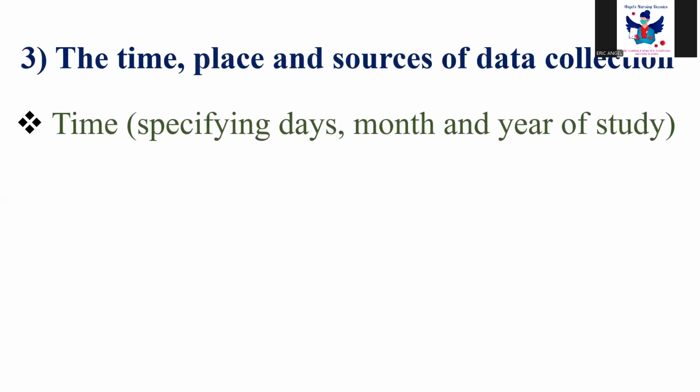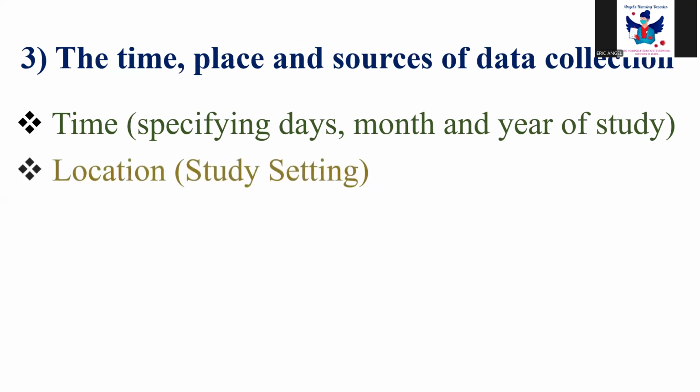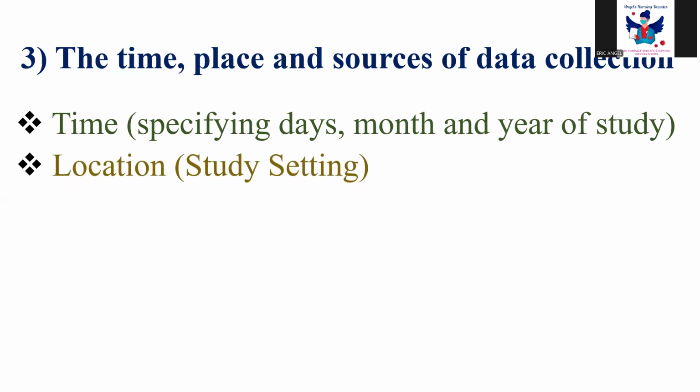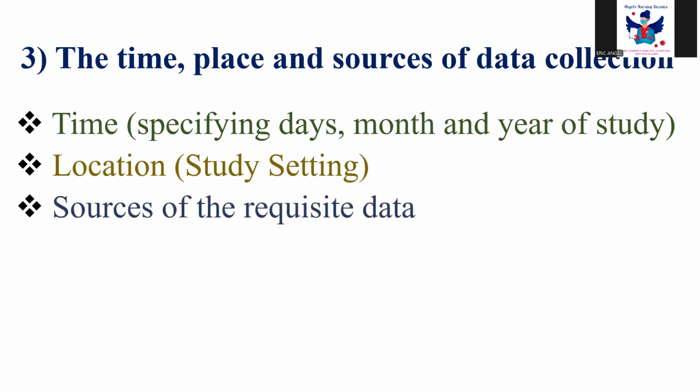Third, the time, place, and sources of data collection. Time specifying days, month, and year of study, location, study setting, and the sources of the requisite data are the important constituents essential to ensure effective planning to conduct a research study.